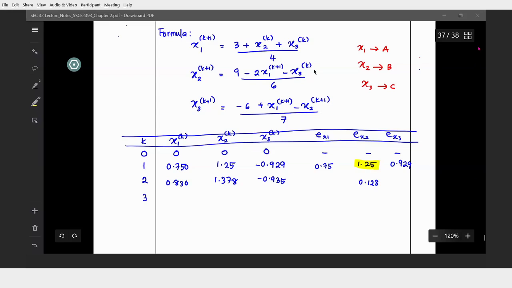So put your answer in the chat so that I can see. Okay, do it first. This one, error 1 is 0.08. Error 3.